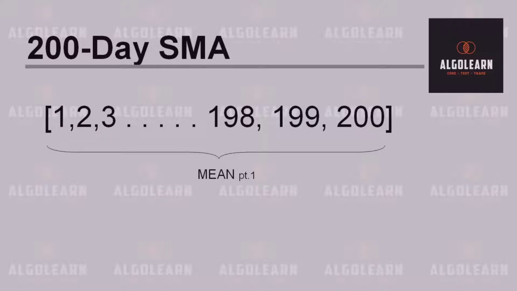We can compare that average price to the current price, say in day 201, and see how the current price is behaving relative to its 200-day average. But that's basically a fixed reference point in time.